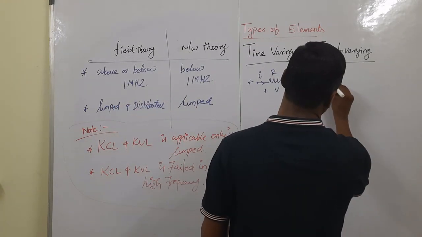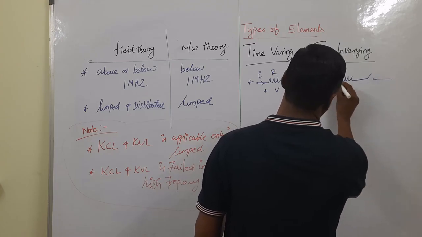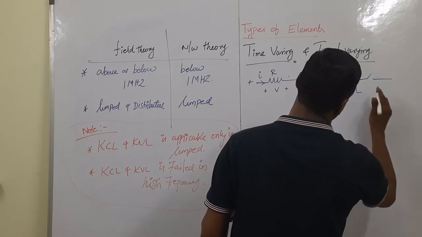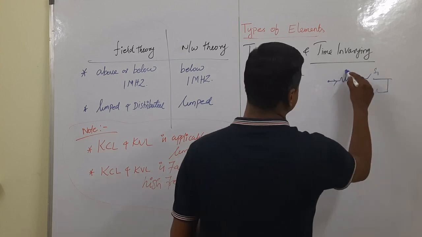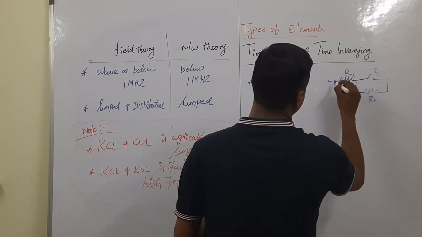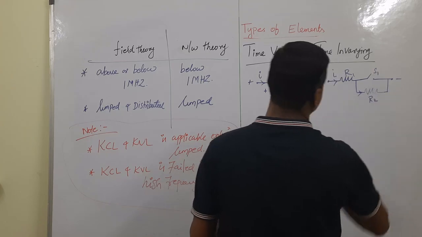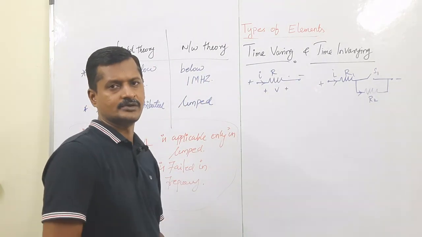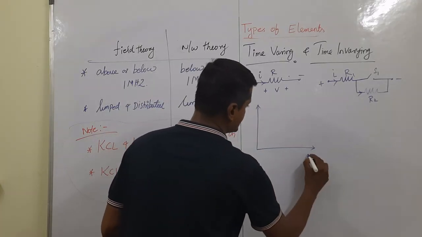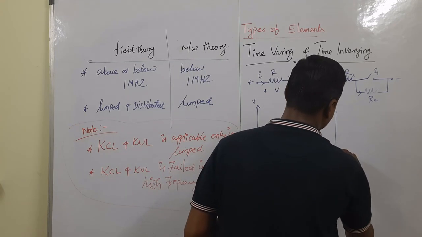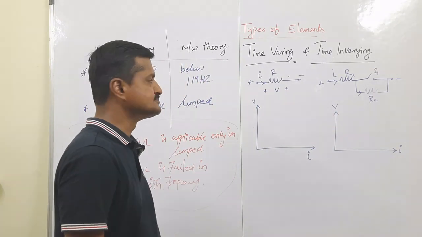We also have one more circuit with a switch S1, a resistor R1 and a resistor R2, with current I. Now we draw the I-V graph for time varying and time invariant.